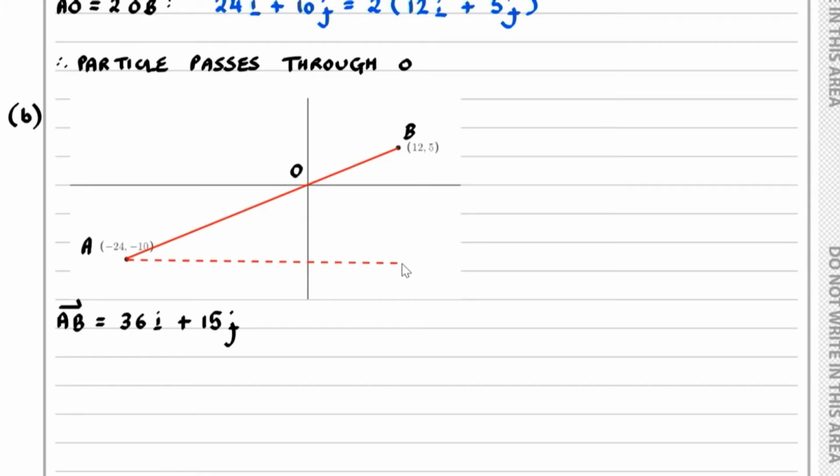So what we now need to do, given that we found the vector AB, we can therefore conclude that the distance the particle travels will be given by the magnitude of AB. This is equal to the square root of 36 squared plus 15 squared.